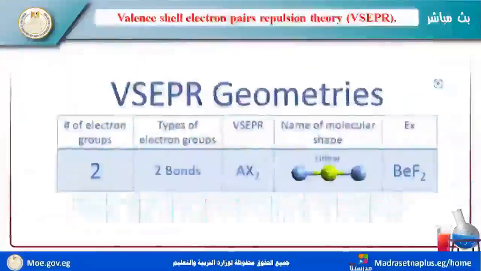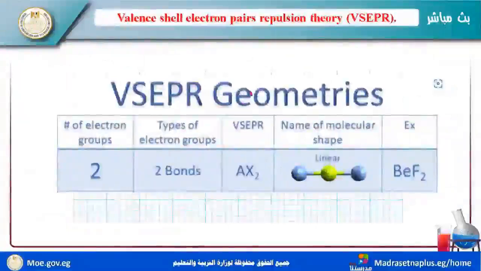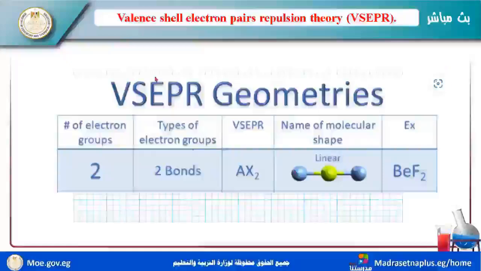Now, VSEPR geometries. In this one I have electron group number 2, and 1 type of electron group, 2 bonds, AX2. According to VSEPR, AX2 molecular shape is linear, and this example is BeF2.